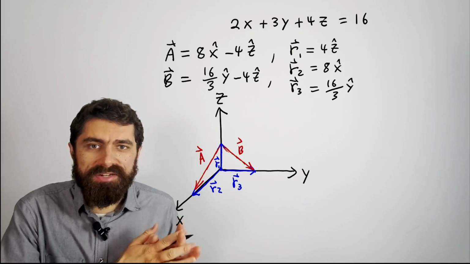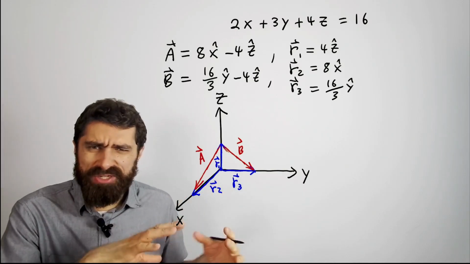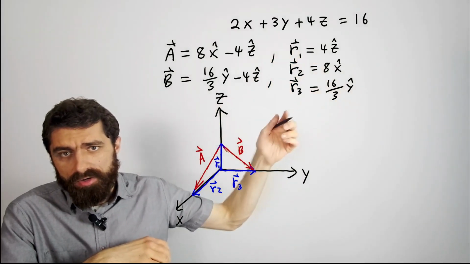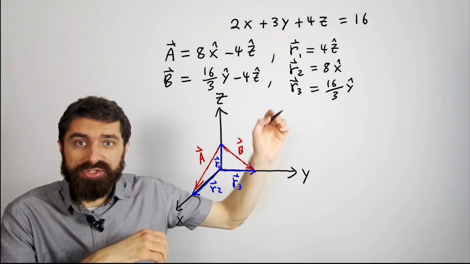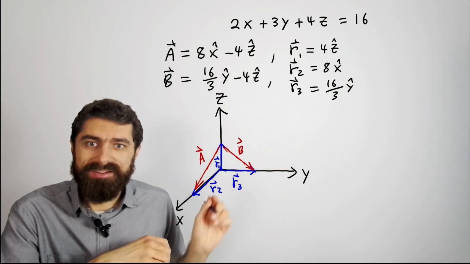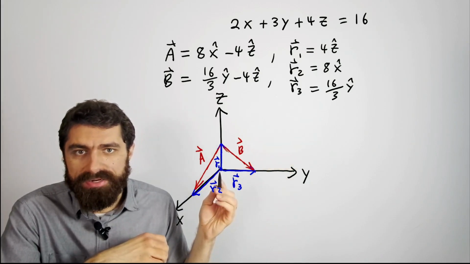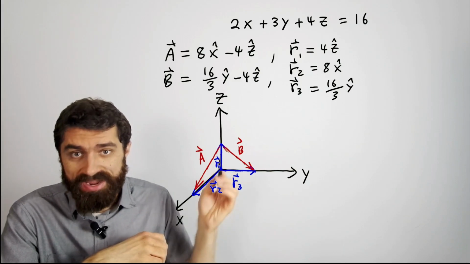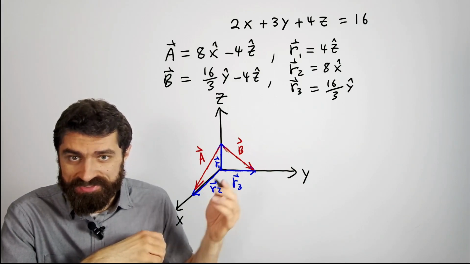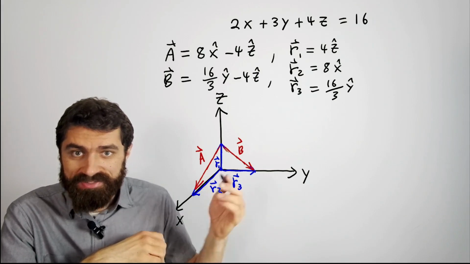I went ahead and sketched everything out here to make sure everything's clear. So here we have our three position vectors, R1, R2, and R3. R1 here is 4 z hat. R2, twice the distance here, is 8 x hat.